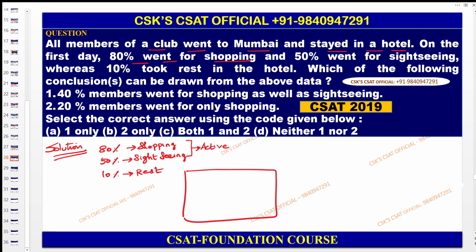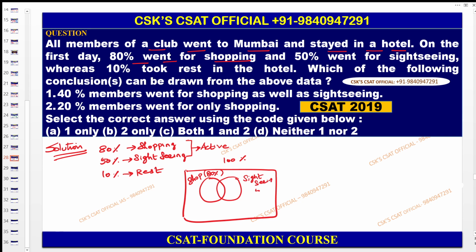Now always remember the total here is nothing but 100%. Now let us take these as shopping. The shopping here is nothing but 80%. Don't put it inside the bracket since we don't know the exact one. Now this one is nothing but sightseeing.